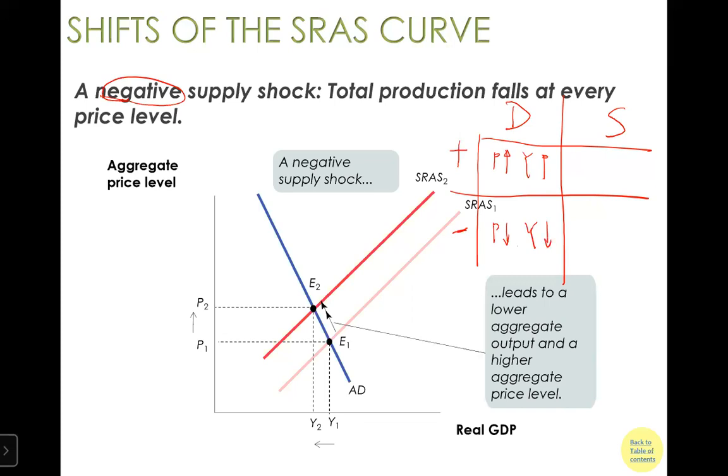On the other hand, if it's a supply shock, if it's a negative supply shock as we observed here, price increases and output declines. If it's a positive supply shock, price declines and output increases. Okay. So what we observe from this table is the following.